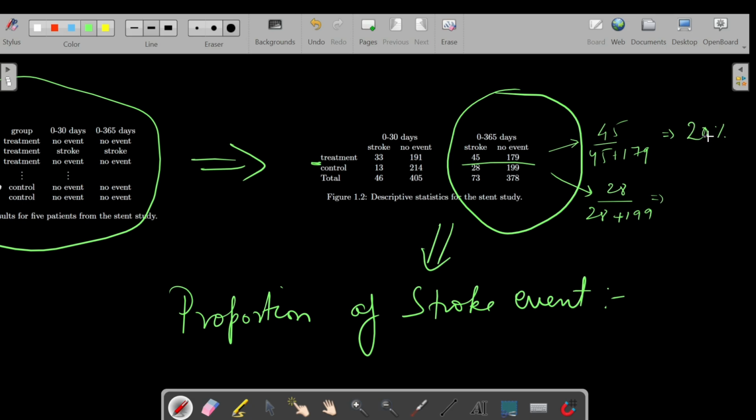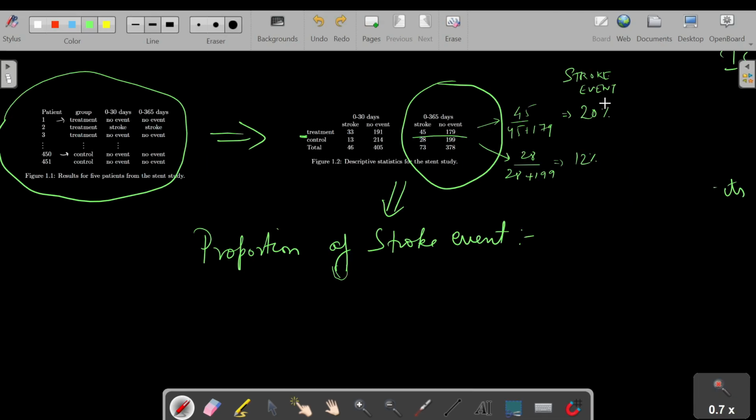So around 20% of the people in the treatment group who have undergone this stent implantation process have received a stroke event. Around 12% of the people in the control group who never underwent any stent treatment have received a stroke. The stroke event for the treatment group is around 20%, and for the control group is around 12%.